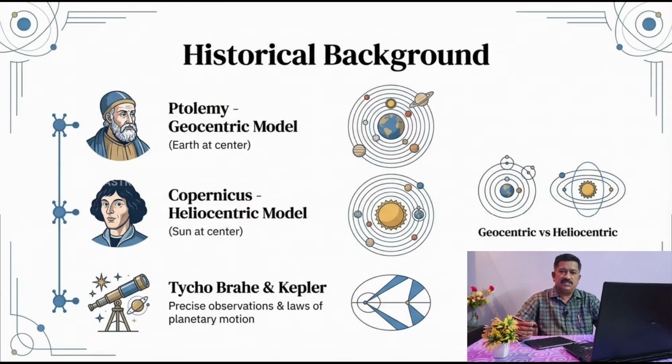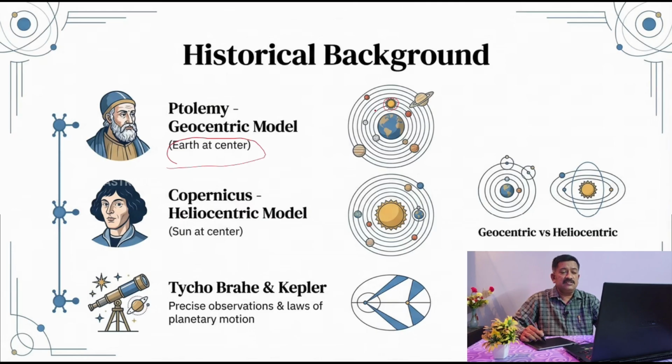It is nothing but keeping the Earth at the center, with all the planets including the Sun revolving in circular orbits. See in this diagram itself, Earth is at the center and all the celestial bodies are revolving around the Earth in circular orbits.